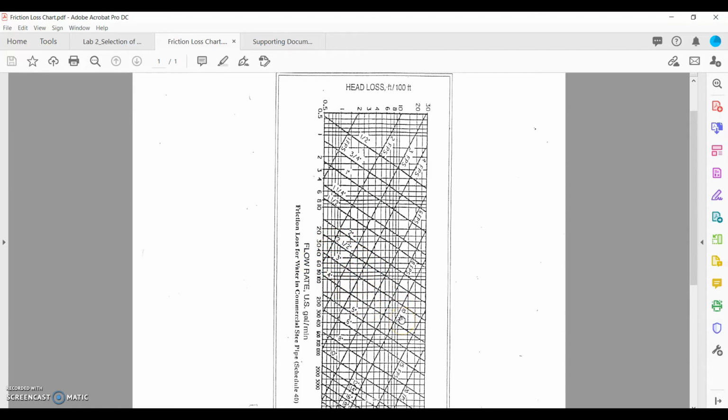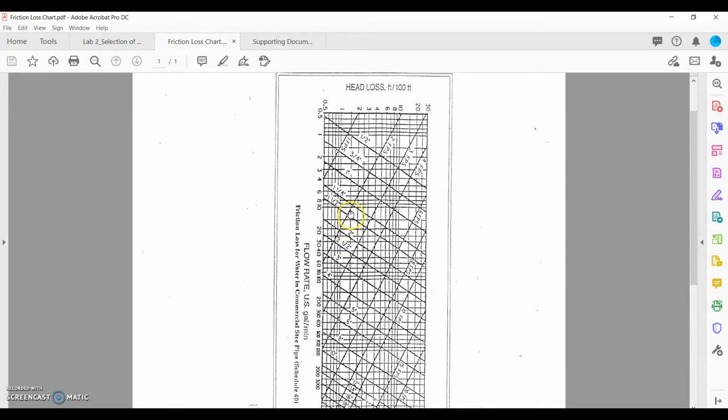So basically you have two data actually: the 25.4 water flow rate. Just draw a straight line and attach it to the pipe size. Let's say after you convert from millimeter to inch, you get 2 inch. From 25.4 US GPM go straight to the intersection next to the 2 inch pipe.